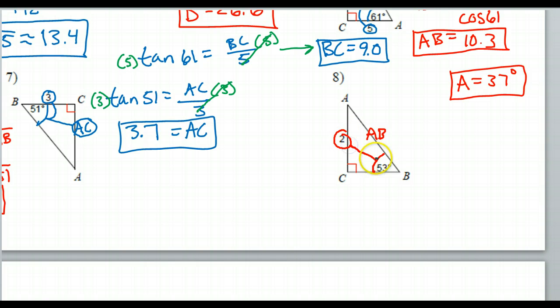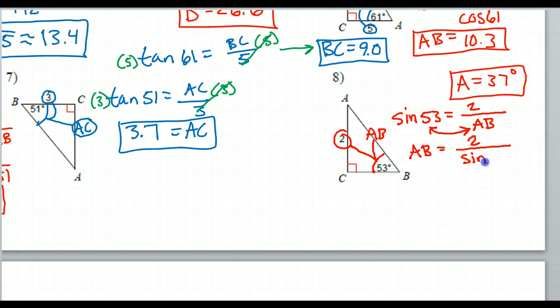Look, this is opposite and hypotenuse. So that is the sine function. So we will go sine 53 is equal to opposite over hypotenuse. The unknown is in the denominator, so we will do the reversal. So that's going to give us AB is equal to 2 over sine 53. Just put that in the calculator. That is 2.5.